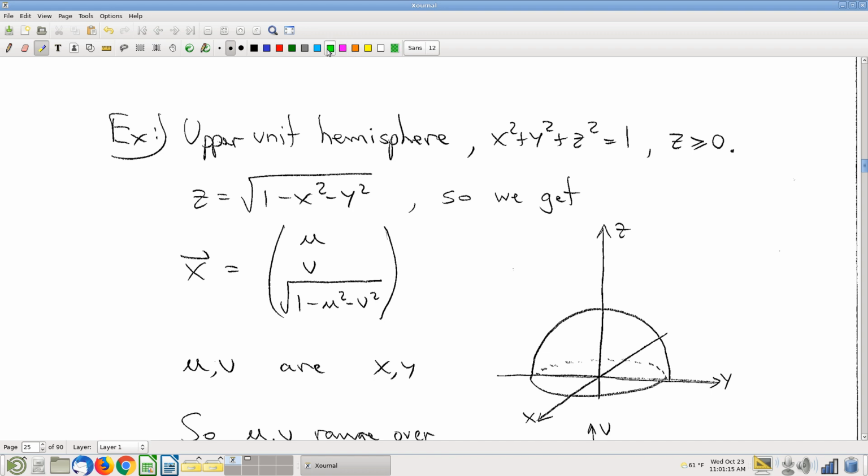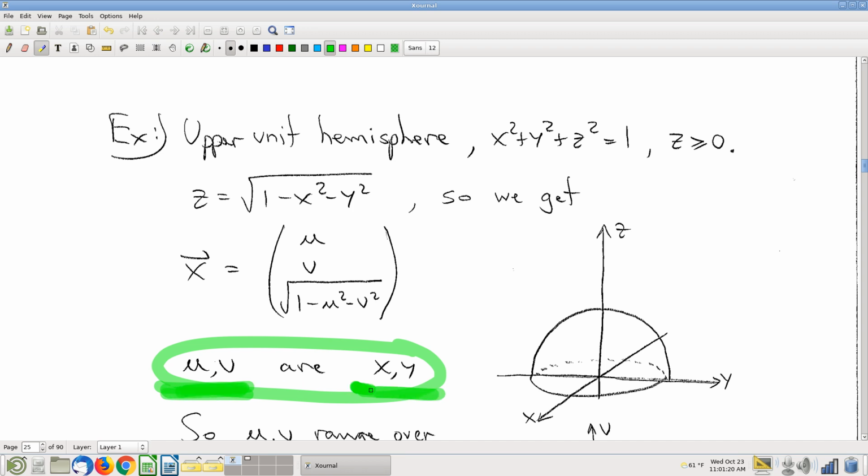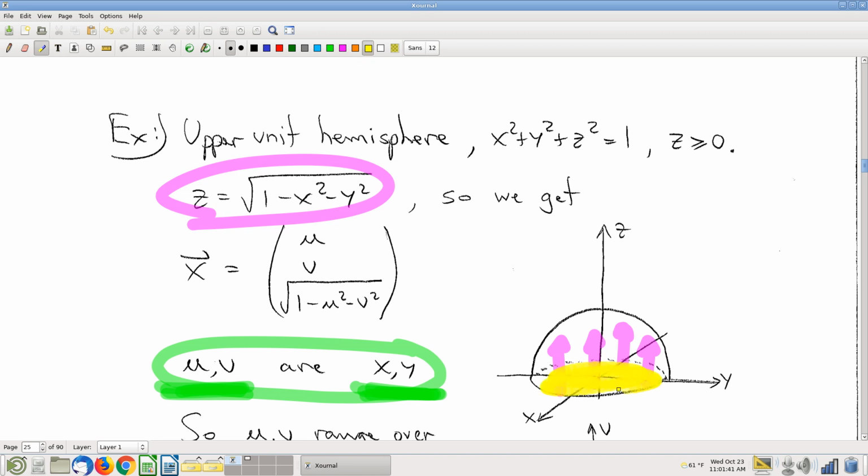Notice that if I want to know the range of values of U and V, well, after all, U and V are exactly X and Y. So I really just need to know the range of values of X and Y. In this function, where Z is a function of X and Y, over what range of values of X and Y do I get the surface? Well, this is a unit hemisphere, so the range of X and Y is the unit disk.